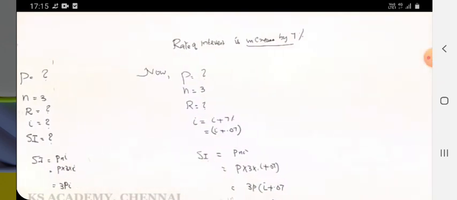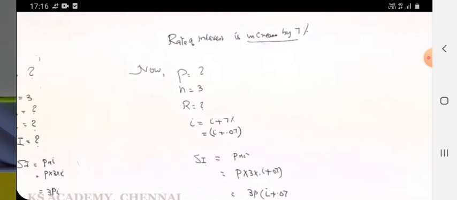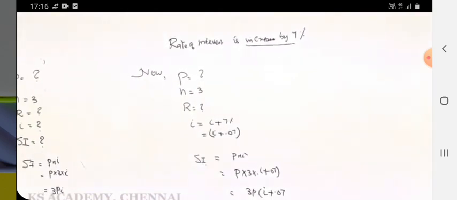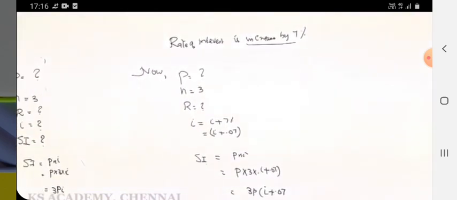Principal as it is, interest alone increased, 7% increase, I plus 0.07, not 7. N is same, principal not changed, principal same. Rate of interest increased, so simple interest increased.